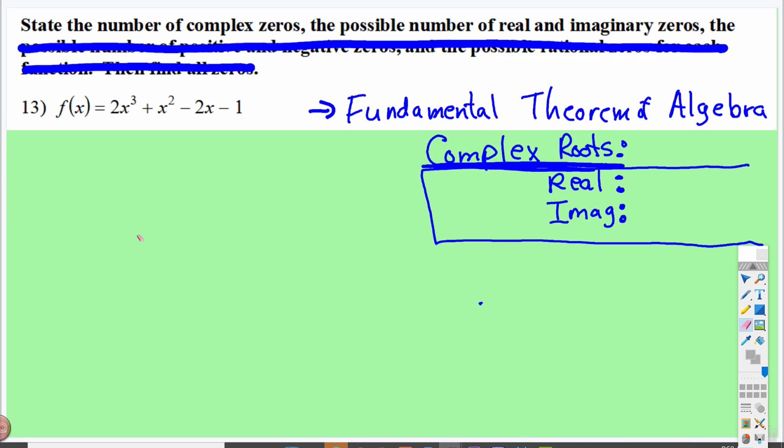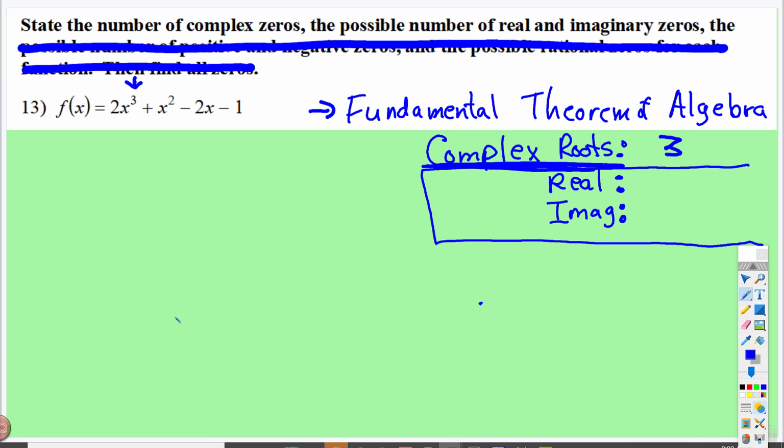So the fundamental theorem of algebra says if you look at the exponent with the highest degree, the x value with the highest degree, that's how many complex roots there will be. Easy. But complex roots can be real or imaginary.